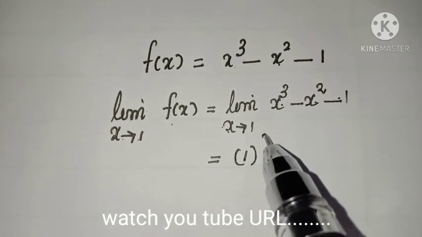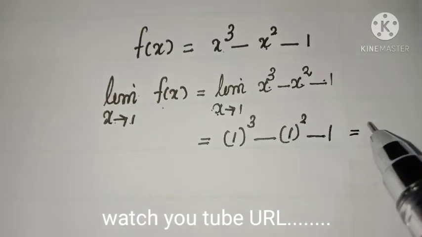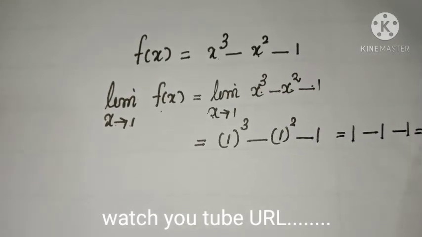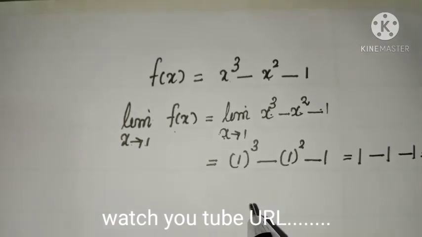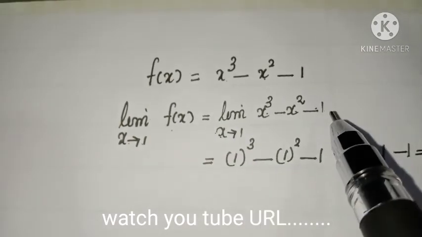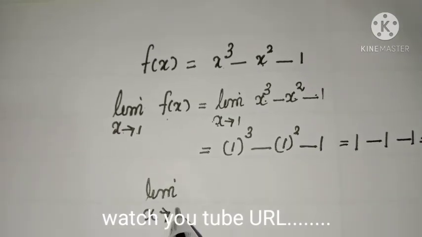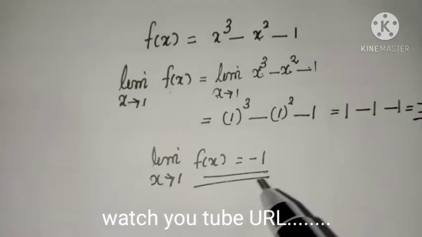So this is 1 cube minus 1 square minus 1. 1 cube is 1, 1 square is 1, minus 1. So this is equal to minus 1. So limit x tends to 1 f of x is equal to minus 1.